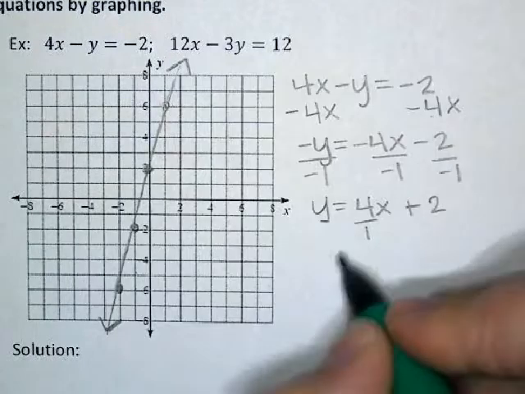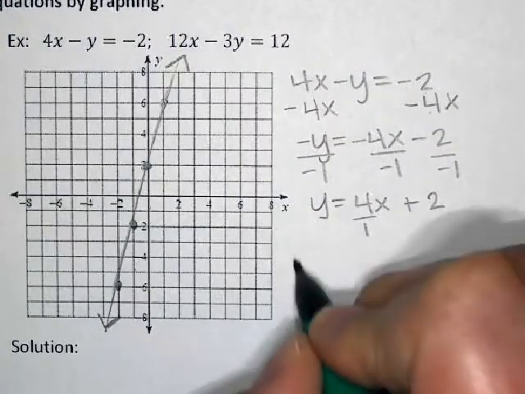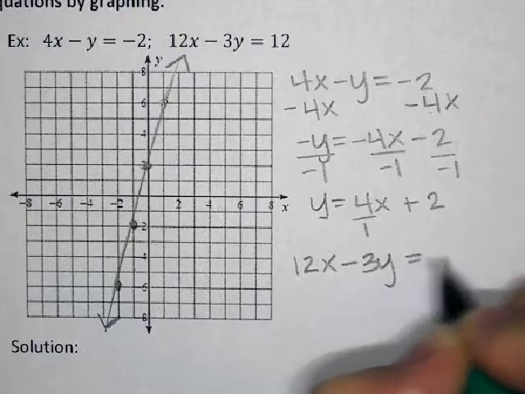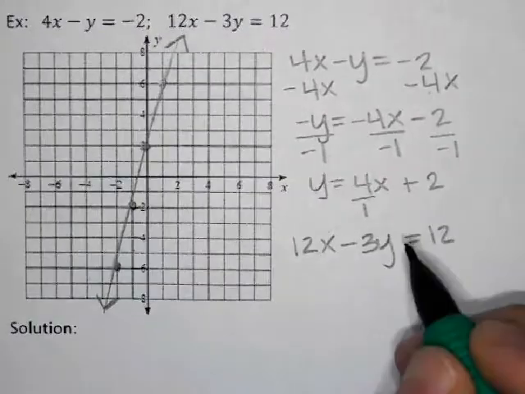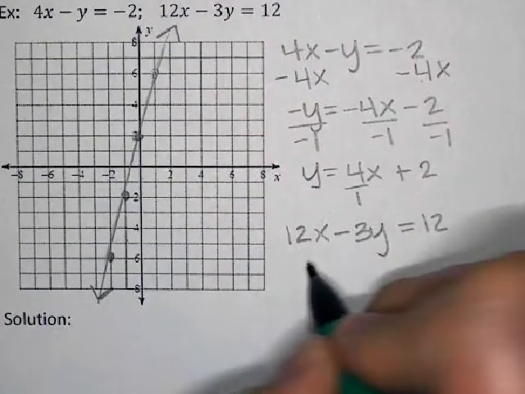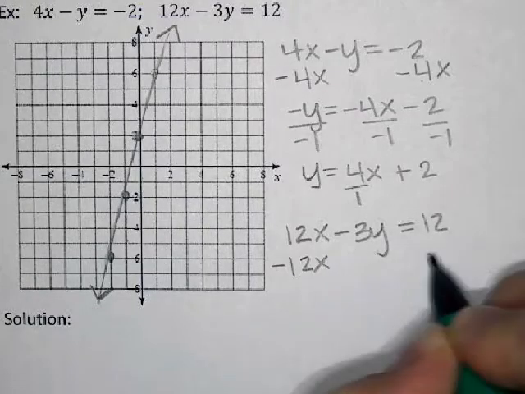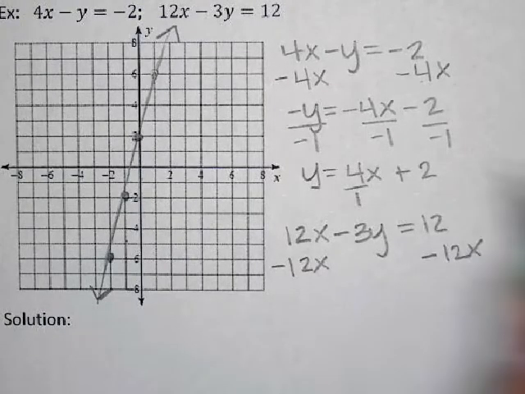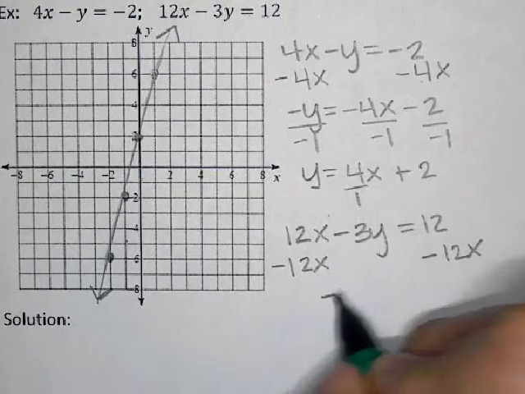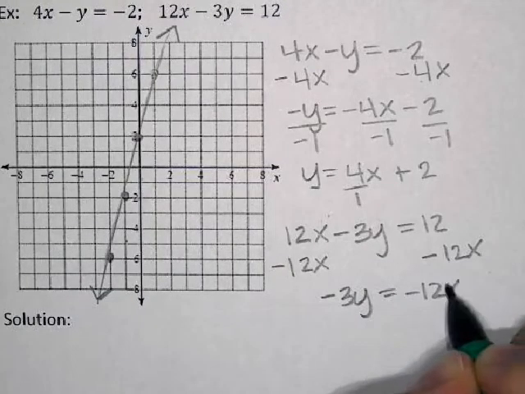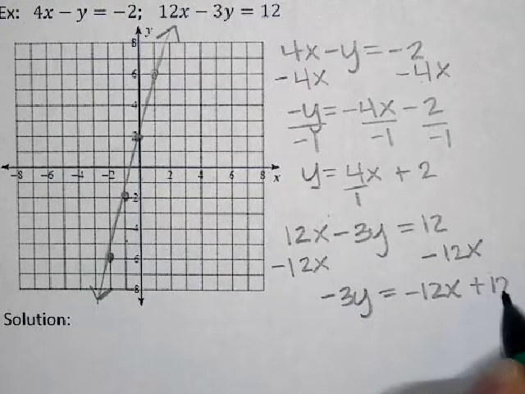My other equation is 12x minus 3y equals 12. I'm going to move the 12x to the other side of the equation by subtracting it over. So I have negative 3y equals negative 12x plus 12.